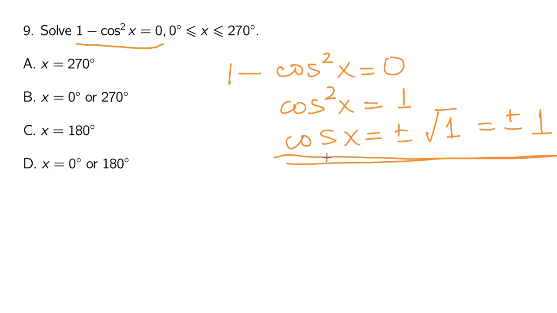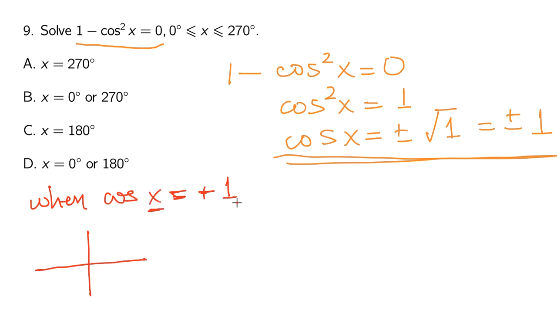So what happens when cos x equals positive 1? Let me write the plus so that it's unambiguous. Well, we can look at our quadrants. First of all, when cosine x is 1 or plus 1, what is x? We know that cos 0 is 1.